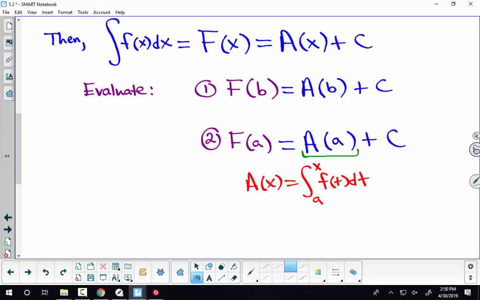So this is capital A evaluated at lowercase a. What if I evaluate this at lowercase a? Then that x becomes lowercase a. What's the integral from a to a? 0. So capital A of a is equal to 0.